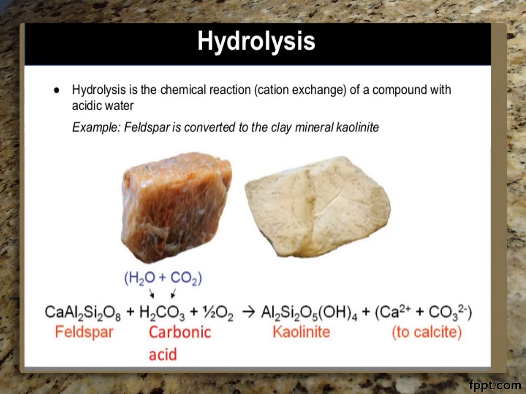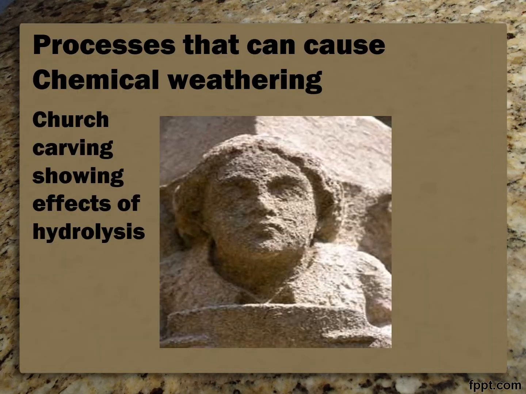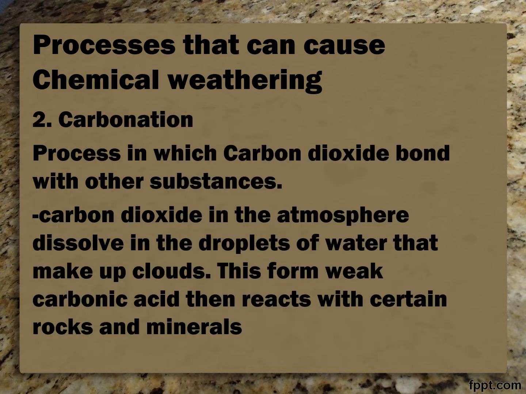For example, this feldspar is converted to a clay mineral, kaolinite. So, yung feldspar plus your carbonic acid, nagkakaroon ng chemical change: your kaolinite, and another one is calcite. Here's an example of where hydrolysis happened. Isang statue from a church na na-disintegrate na compared to the original rock formation.